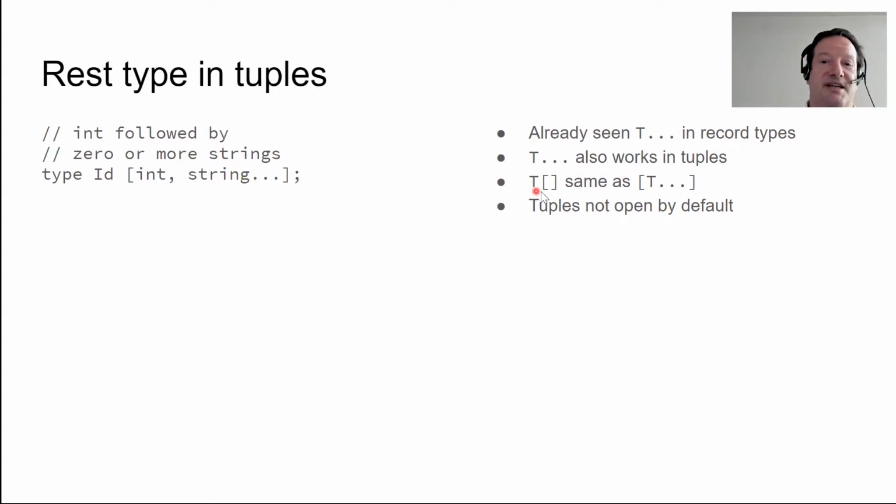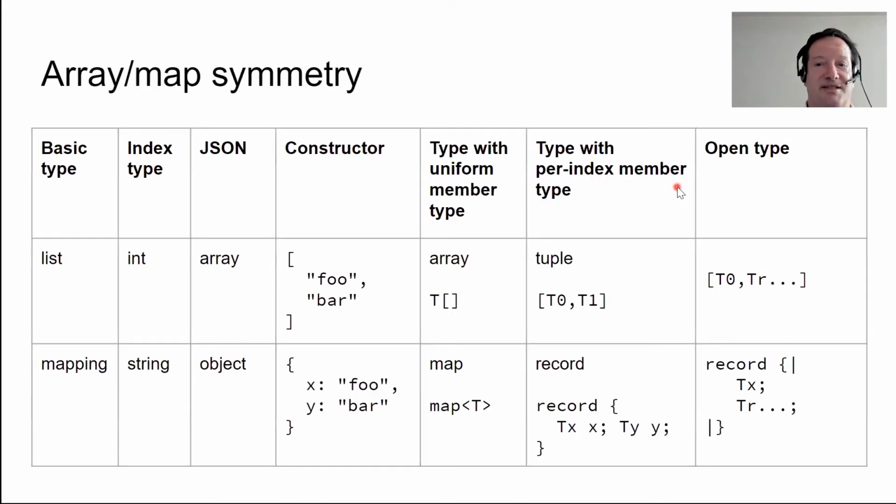And so actually an array type T is the same as a tuple type, which just has T dot dot dot. So we have the same thing going on in tuples as is going on in records. So we actually have quite a nice symmetry between arrays and maps.